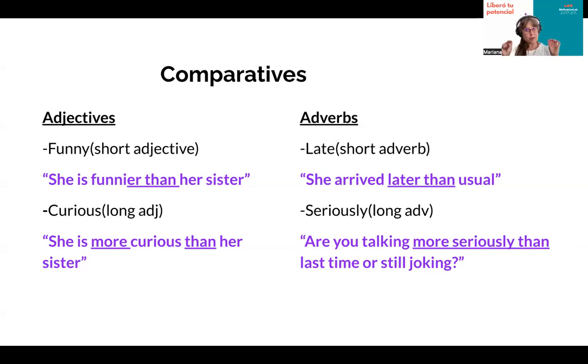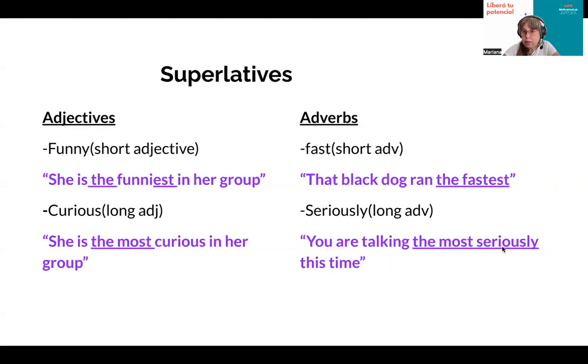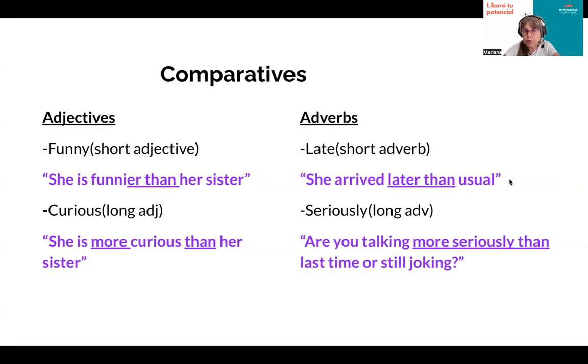Okay? A little bit of Spanish so that you understand more easily. And then, seriously is long. So no more letters for that word. We just use more and then than. Are you talking more seriously than last time or still joking? Yeah? Have a look that in this case, we have the ly here.